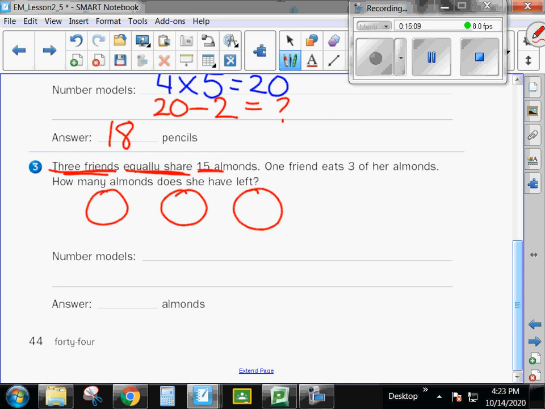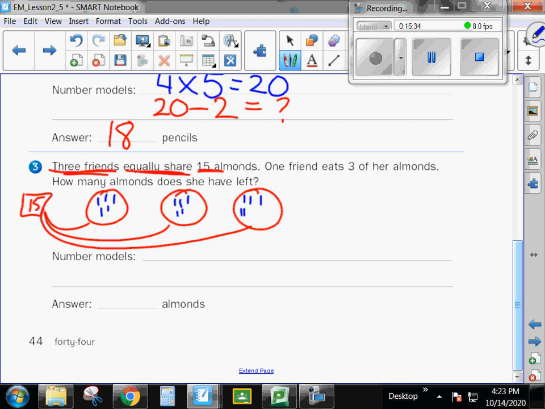I'm equally sharing 15 almonds, so I'm going to take these almonds, here's my 15 almonds, and share them between my 3 friends. I like to pass them out like I'm passing out cards. 1, 2, 3, 4, 5, 6, 7, 8, 9, 10, 11, 12, 13, 14, 15. All right, so now I passed out these almonds between my 3 friends.